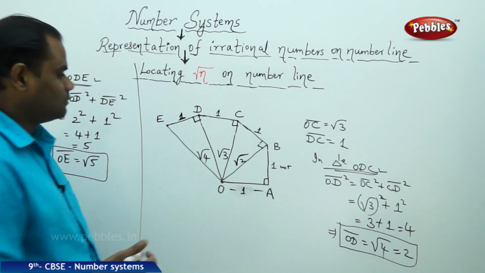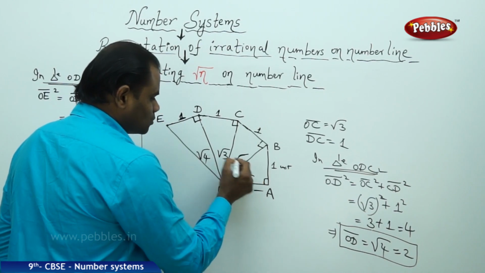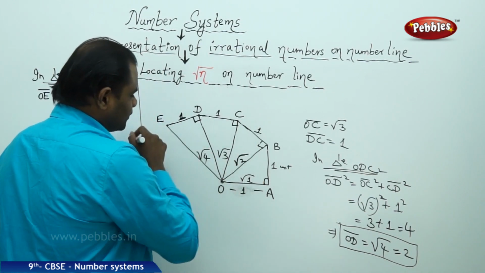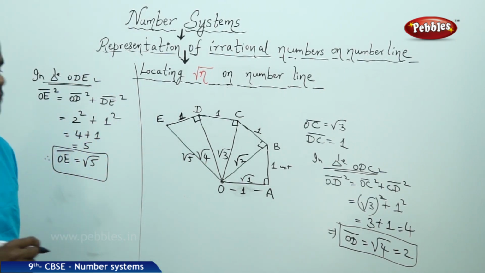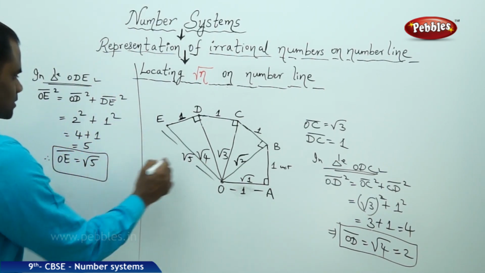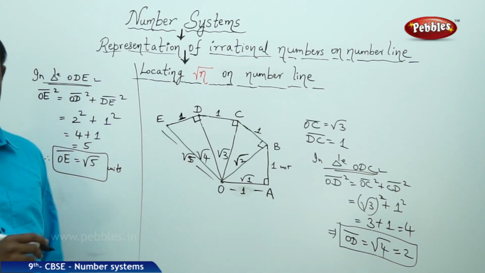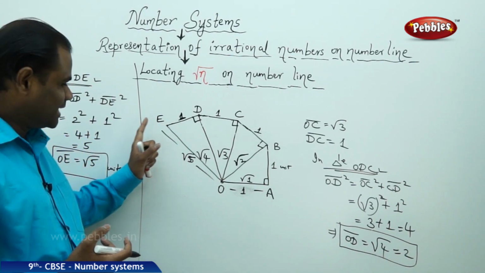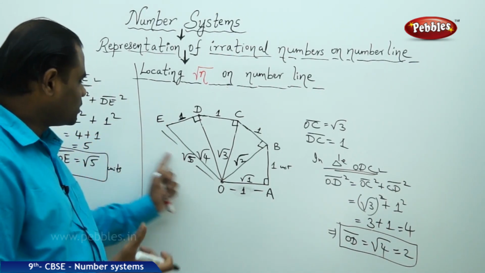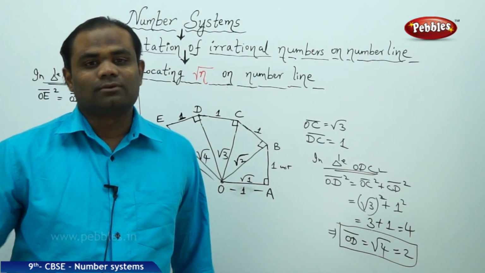So I have root 1, root 2, root 3, root 4, and then finally root 5. So this distance OE is root 5 units. In order to construct root 6, we again take 1 unit perpendicular from E with a length of 1 unit, join the dimension, and we get root 6, root 7, root 8, root 9.